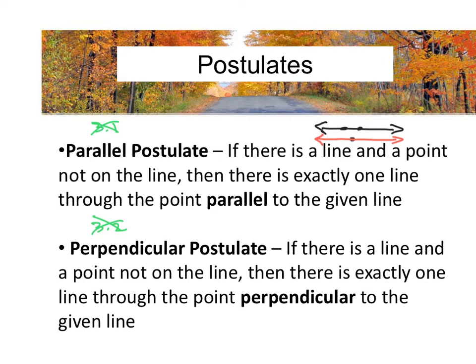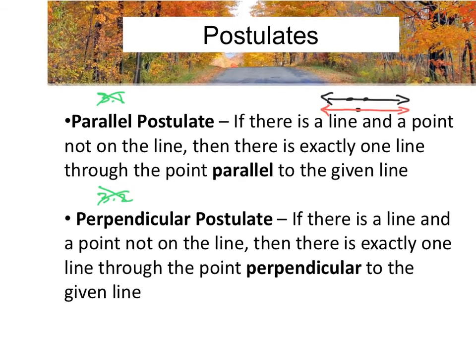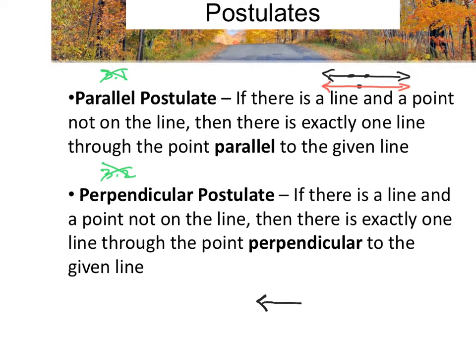Same thing for the perpendicular postulate. If you have your original one line, and then there's another point that's not on that line, then there would be exactly one line that goes straight up and down that would be perpendicular to that line.